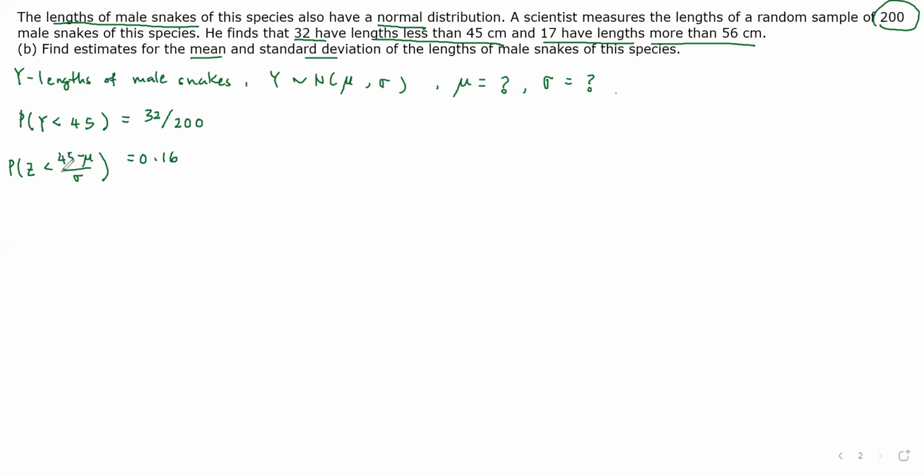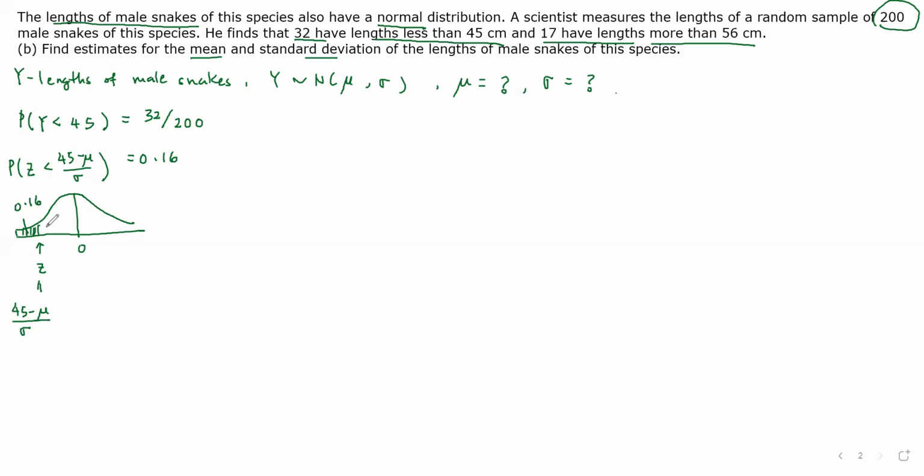Now the probability that Z is less than a value: you start shading from the left until you have an area. This area is 0.16. This Z value here is 45 minus mean divided by sigma.